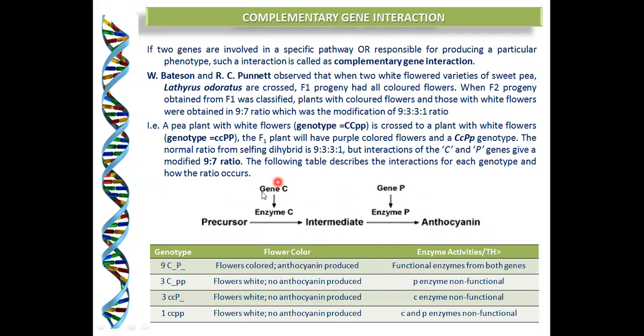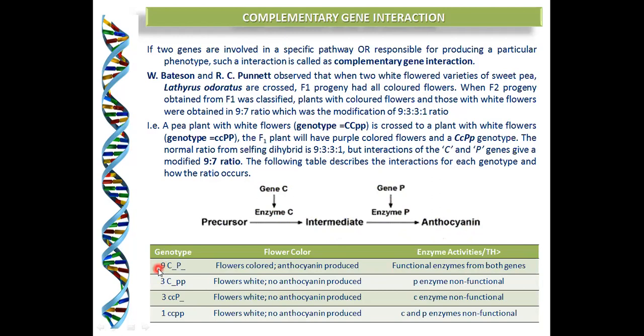But when any one of them is absent or both are absent, you will not get colored flowers, you will get white flowers only. So when they are present together, they interact with each other. After interacting, they produce one pigment called anthocyanin. And because of that anthocyanin pigment, you will get purple color flowers.